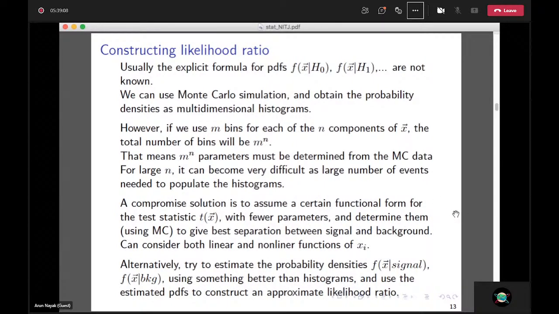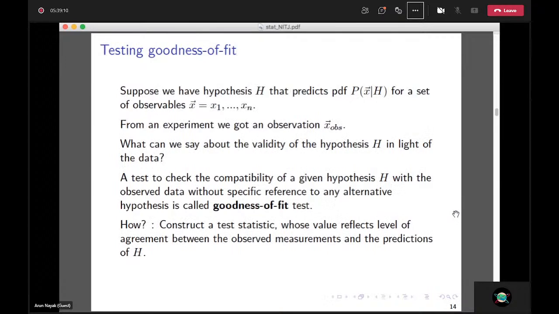So there are various ways. I'm not going into detail on how you should choose the test statistic. Of course, you can also use multivariate methods. With machine learning, we separate two classes of objects, and the output of such methods we can consider as our test statistic.